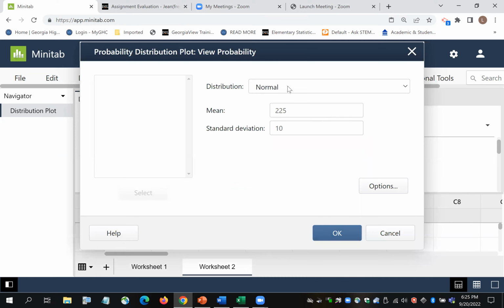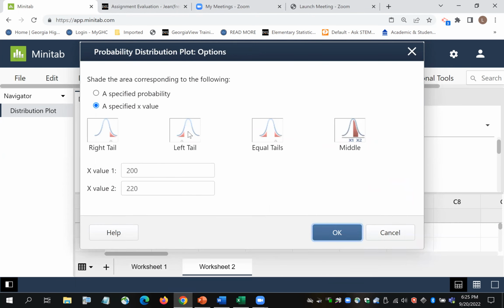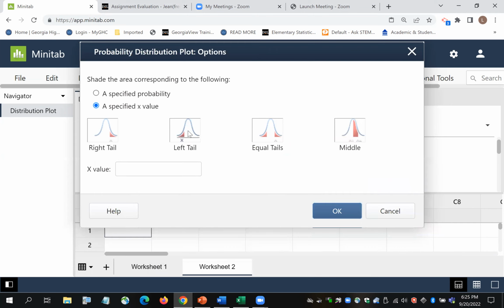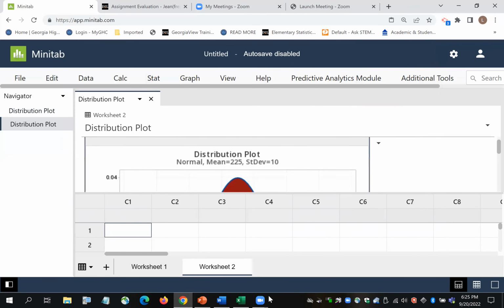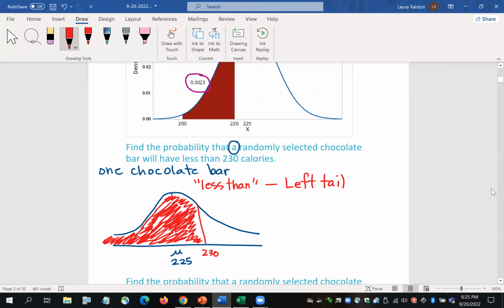We have a normal distribution with a mean of 225, standard deviation of 10. Options, this time we have less than, which is a left tail, and we're to the left of 230, which is our point of interest. I click OK, OK, and again, it creates the graph for me, which I'm going to take over to my document.